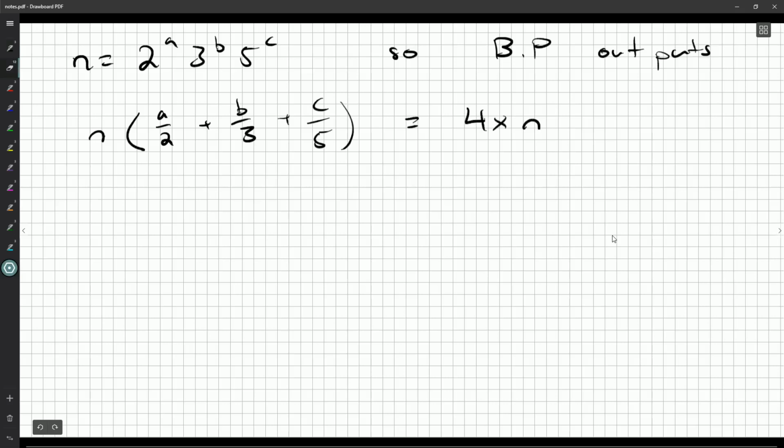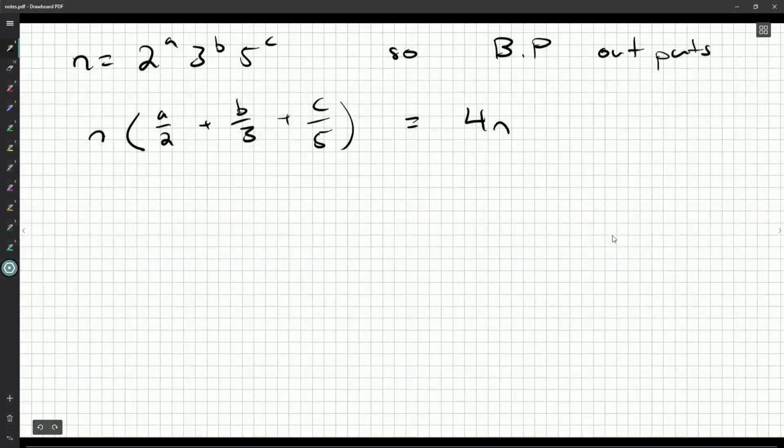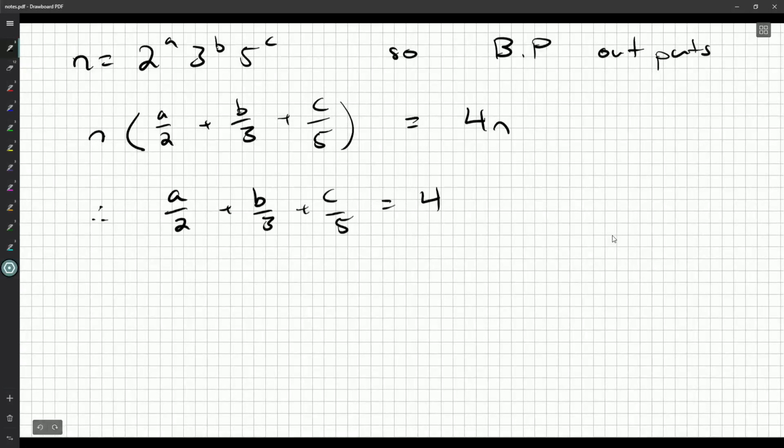Well, I guess I can just write 4n. Alright, they make it kind of clear that they're just looking for 4 times the original expression. So, dividing by n on both sides, a over 2 plus b over 3 plus c over 5 has to be equal to 4. Okay, so I need positive integers a, b, and c that do this.